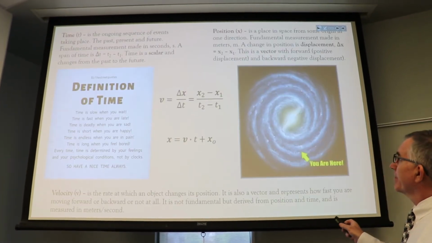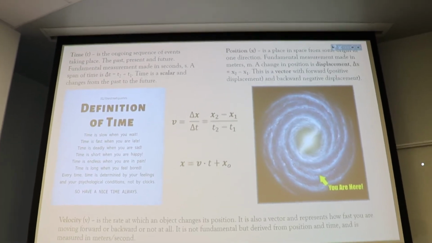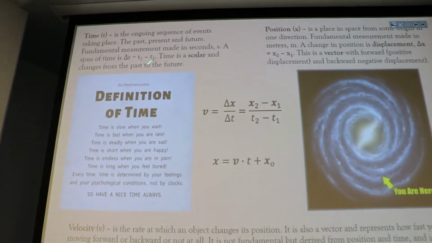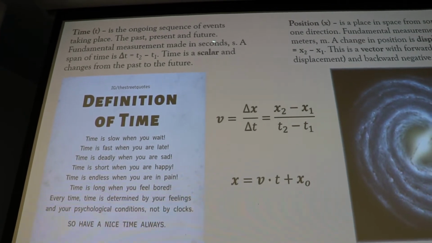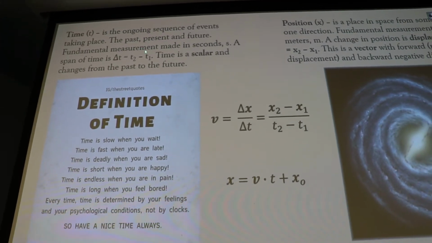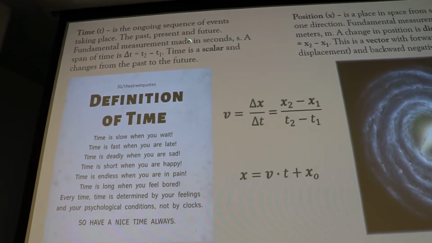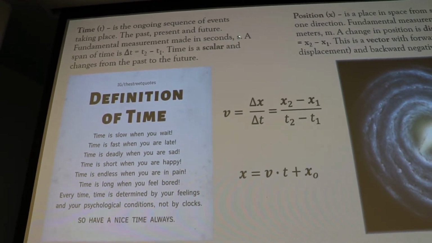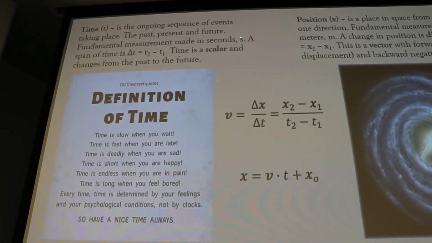All right. So, time. What is time? Well, it's an ongoing sequence of events. It involves the past, the present, the future, and it's a fundamental measurement. It's made in seconds. So the fundamental unit of measurement is the second, little s. Not SEC, just little s right there.